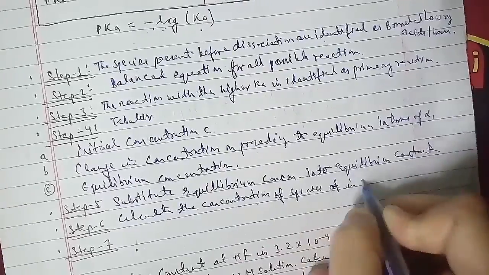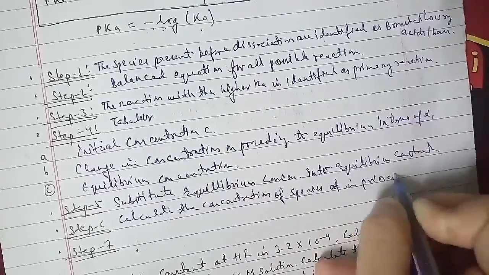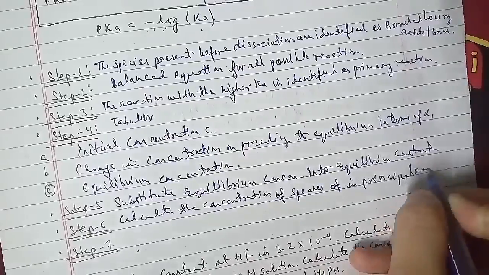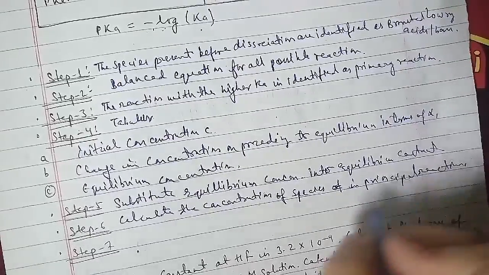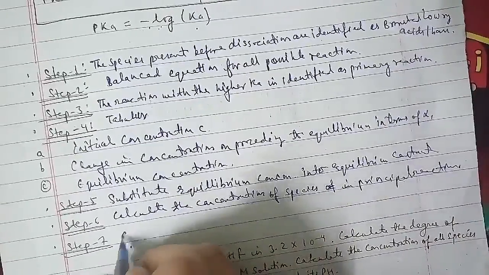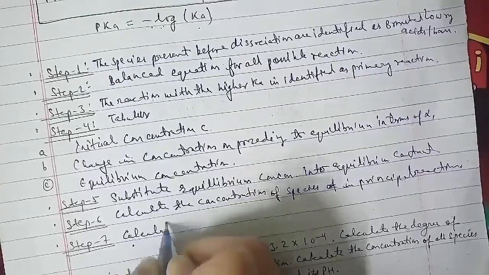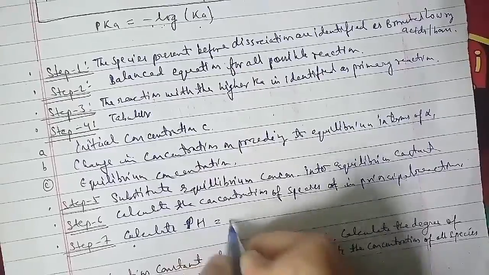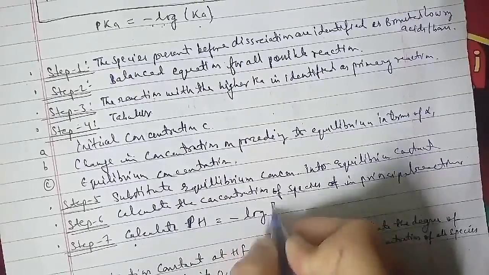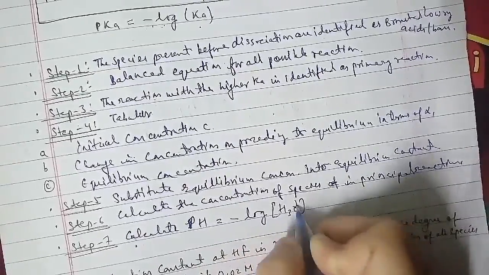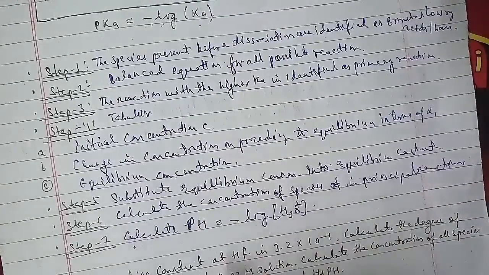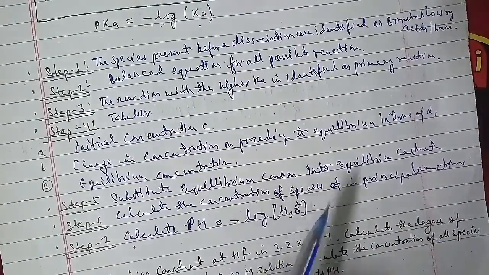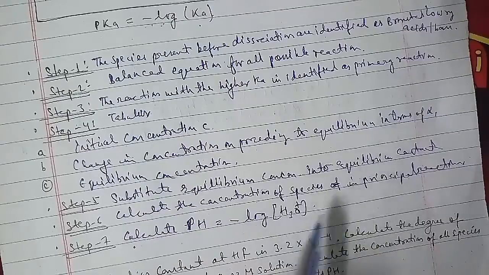For the second equation we have H2O plus H2O, which gives H3O+ plus OH-, where Ka equals Kw, that is 1.0 × 10^-14, and Ka is much greater than Kw.